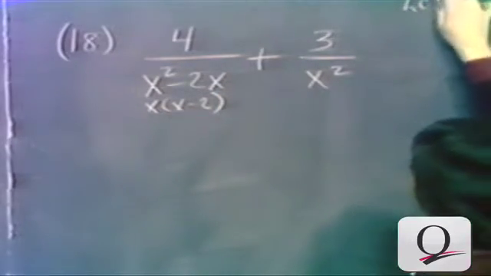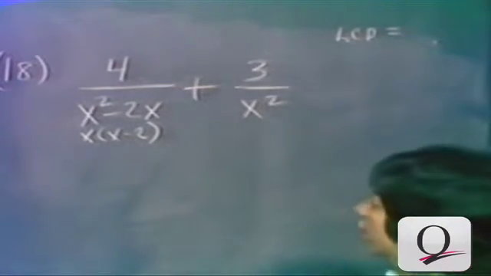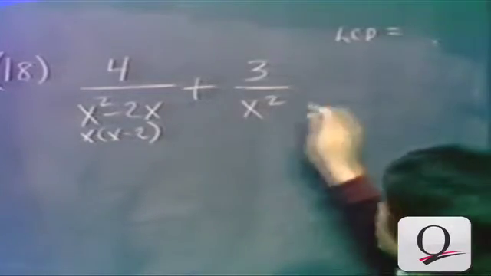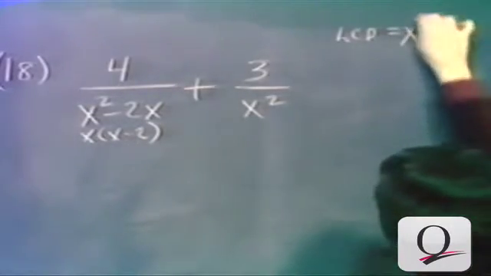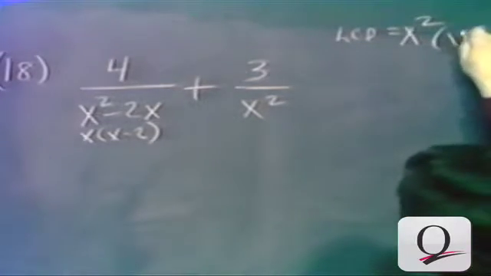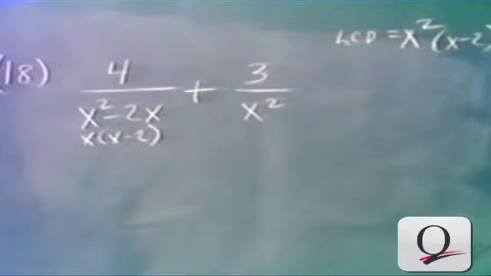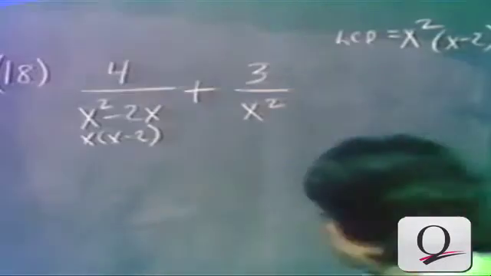So for the LCD, take each factor the greatest number of times it appears in any one denominator. X appears once here, twice here, so we need it twice. X minus 2 appears once here, no times here, so we need it once. So the LCD is x squared times x minus 2.